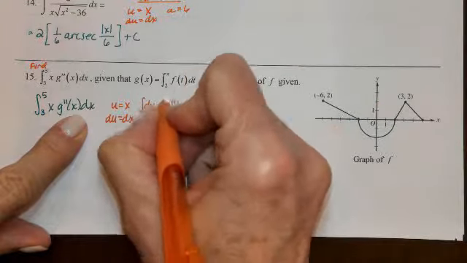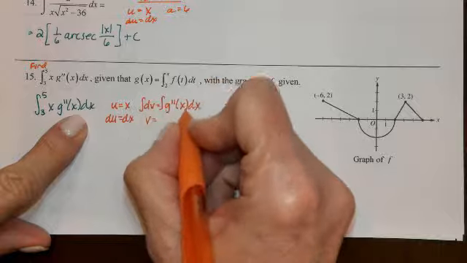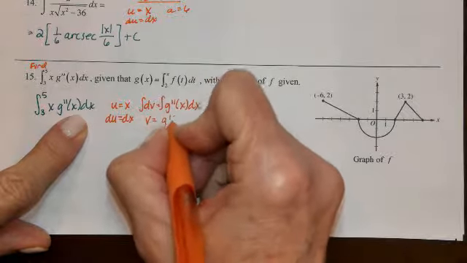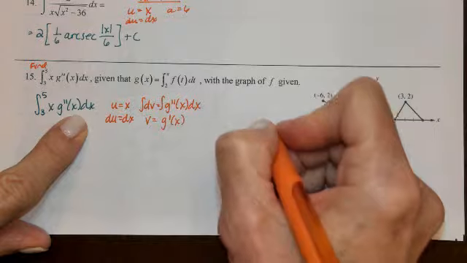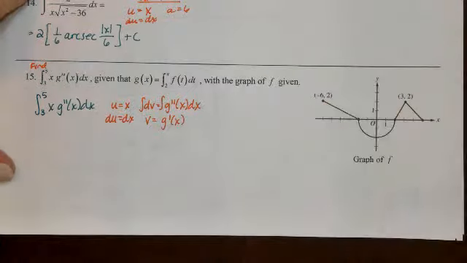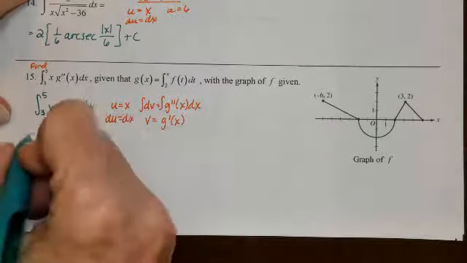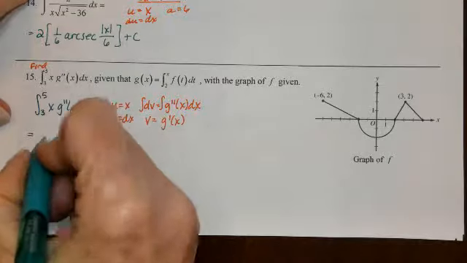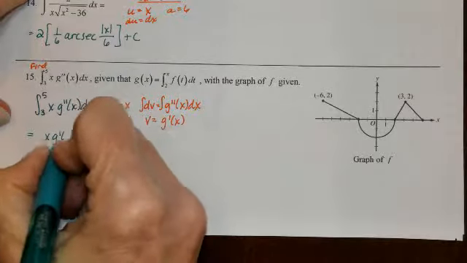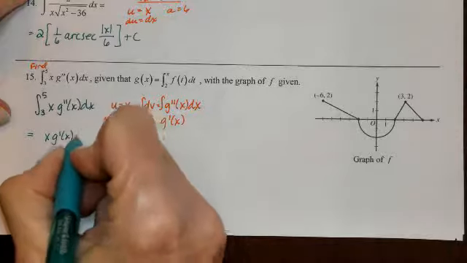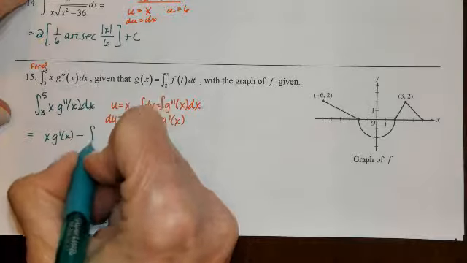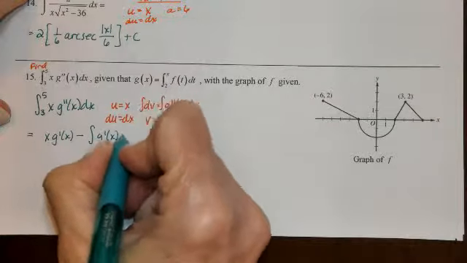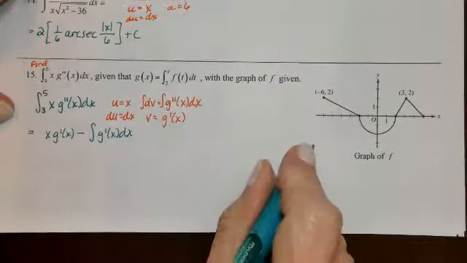So if we integrate both sides here, we get v. The integral of g double prime is g prime. So now I'm going to come over here. uv is x g prime of x minus the integral of v du, g prime of x dx.